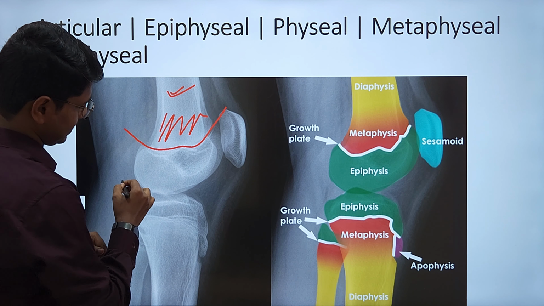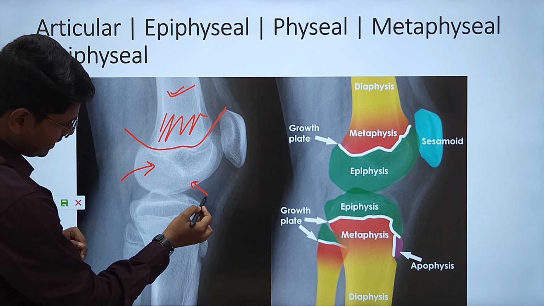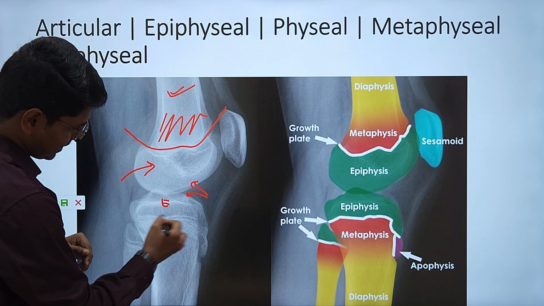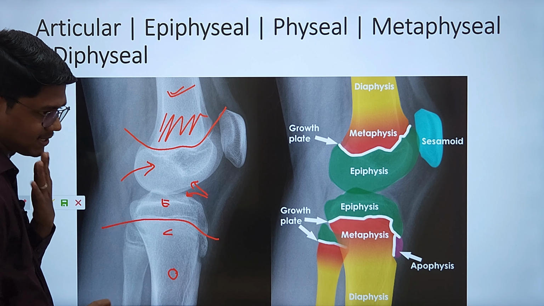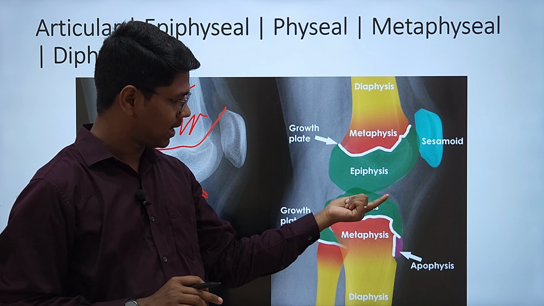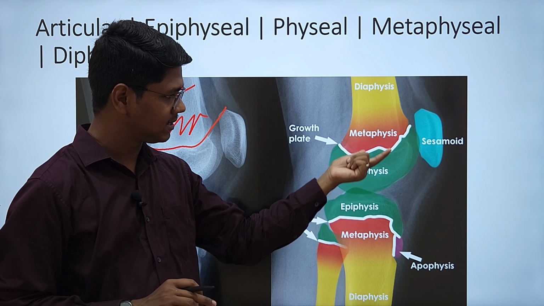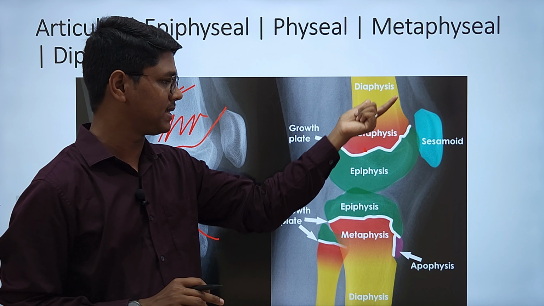This is the growth plate. This is the epiphysis, and this is the articular surface. Similarly here, this is the articular surface, this is the epiphysis, here is the growth plate, metaphysis and diaphysis. Understood? Articular surface, epiphysis, the growth plate or physis, metaphysis and diaphysis.